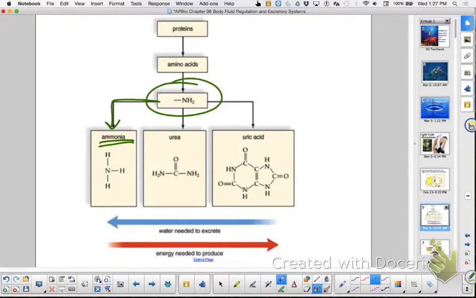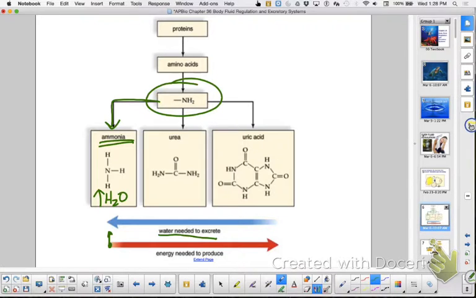This wouldn't work in our bodies, but for organisms with copious amounts of water available to them, it works just fine. They don't have to use much energy. If you look at the bottom, the red line is the energy needed to produce. So they don't need a lot of energy, but you need a lot of water to flush ammonia out of your system.